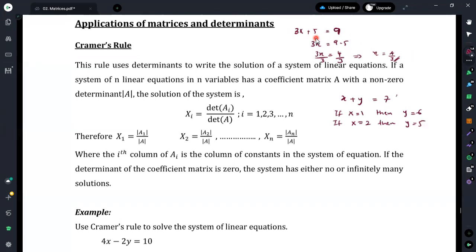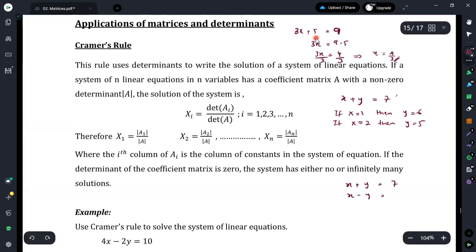Therefore, to obtain answers for an equation like this, you can first construct a set of equations. As an example, x plus y equals 7 and x minus y equals 3. Here you are asked to obtain an answer for x and y, and there are two variables.